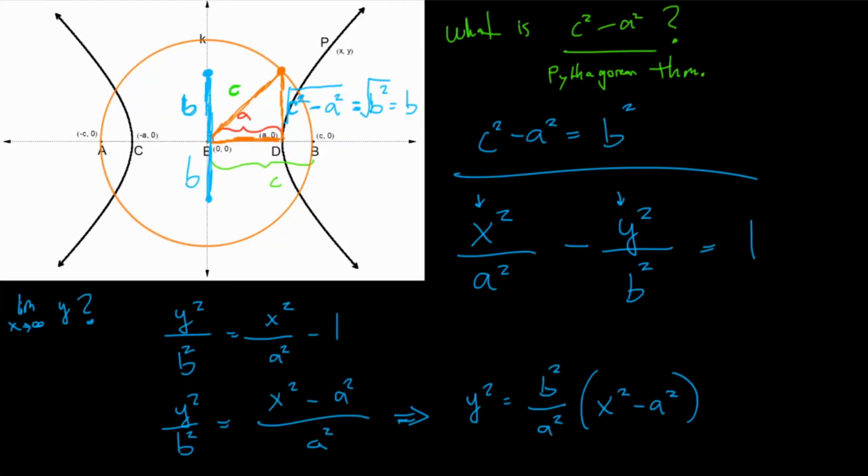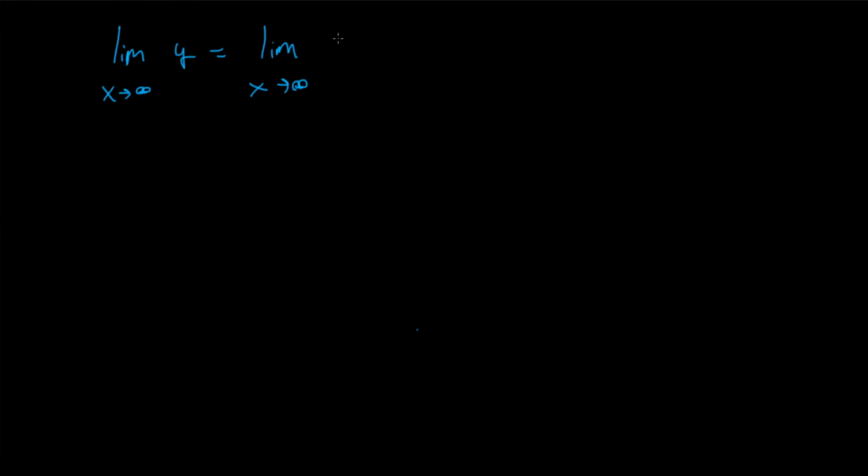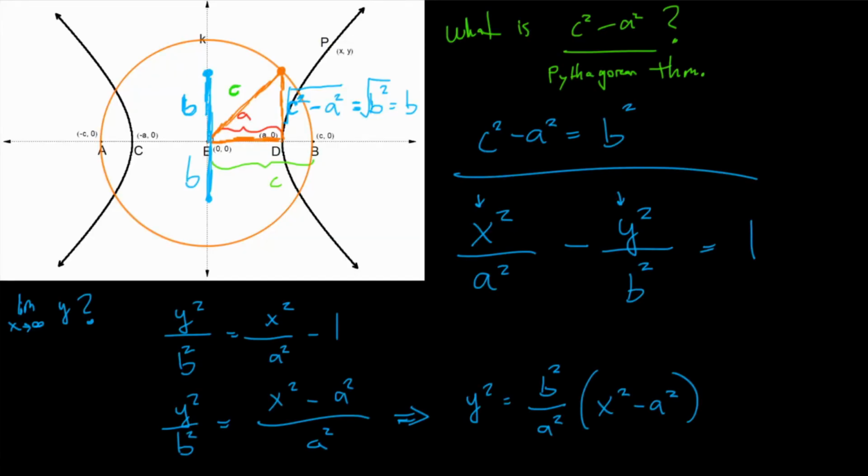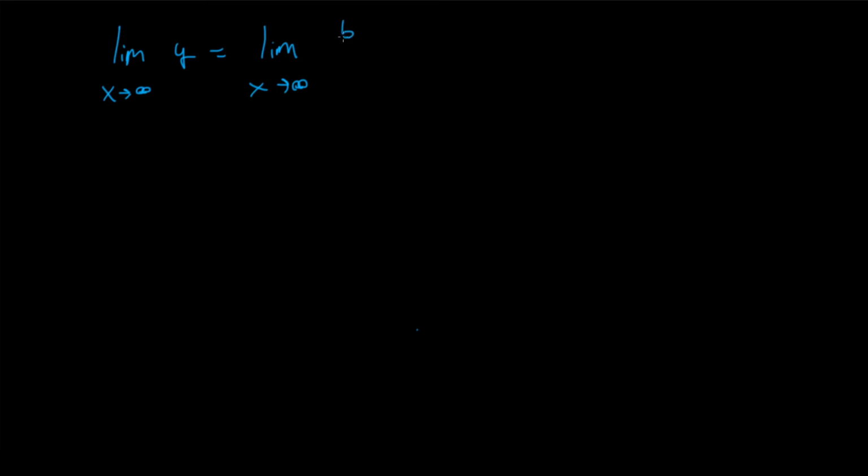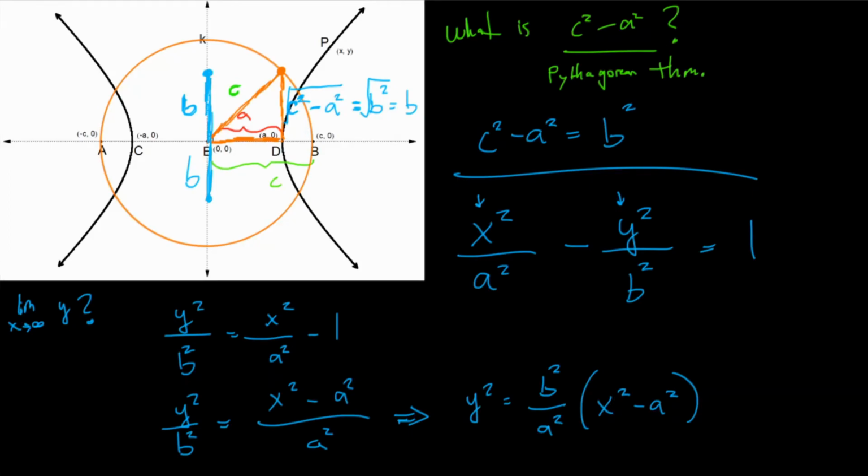We have the limit as x goes to infinity of y, which is equal to the limit as x goes to infinity of the square root. The square root of b squared over a squared is just b over a, times the square root of x squared minus a squared.